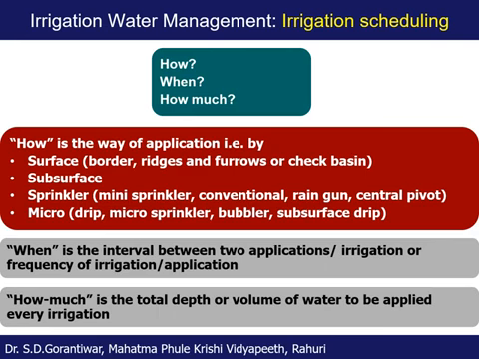These are surface irrigation methods, in which there are border, ridges and furrows and check basins. Then sprinkler irrigation methods. There are mini sprinkler, conventional sprinkler, Raingun and central pivot.